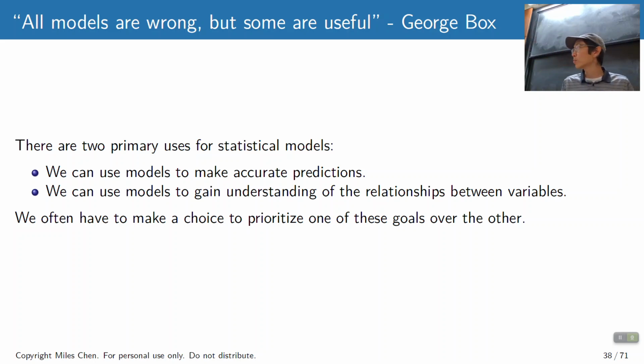Oftentimes we have certain models that are better at predictions and other models that are better at understanding the relationship. So which of these priorities is more important will factor into which model you end up choosing.